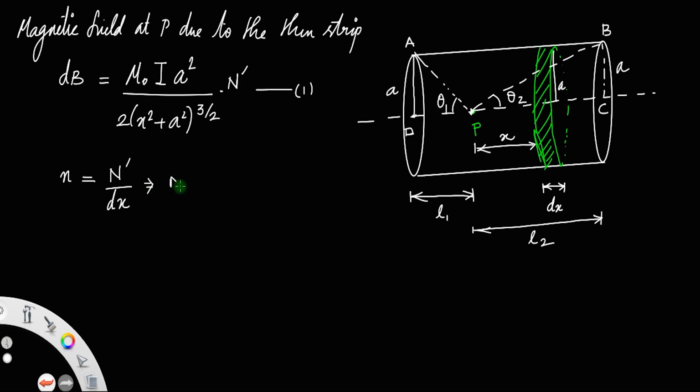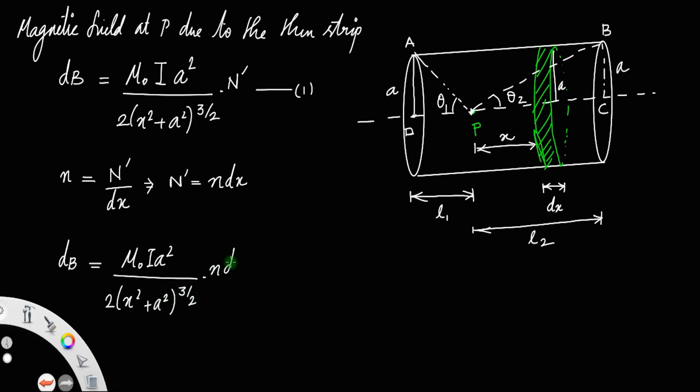Implies n' is equal to the number of turns per unit length into thickness, n dx. If you put the value of n' in equation number 1, then the equation becomes dB is equal to mu 0 I a square by 2 into x square plus a square whole raised to 3 by 2 into n dx. Let's call this equation number 2.